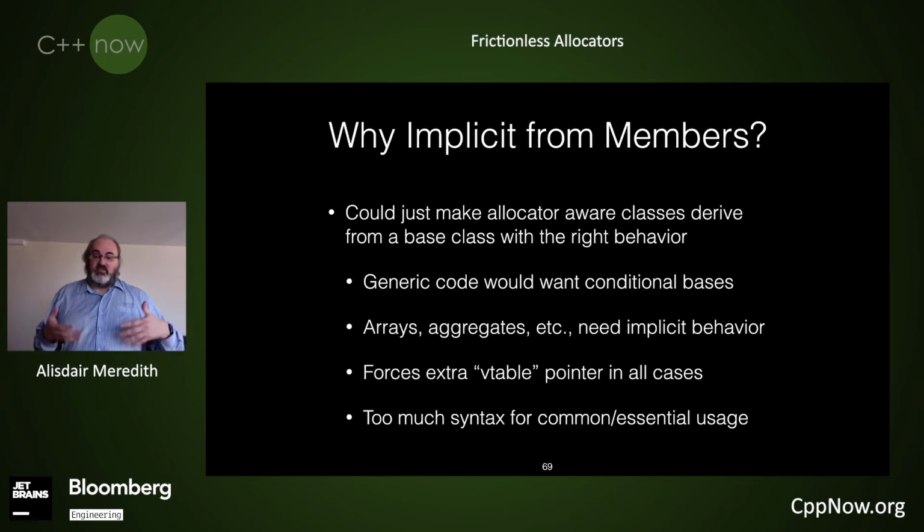Certainly native arrays, or in a lot of the other cases where restricted bindings and so forth, will have problems with requiring a specific base class. And again, it's forcing this extra vtable pointer in all cases. So again, that big padding of the data structure we're talking about. And it's too much syntax for that common essential use case.